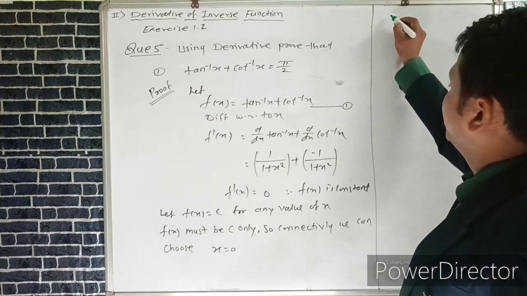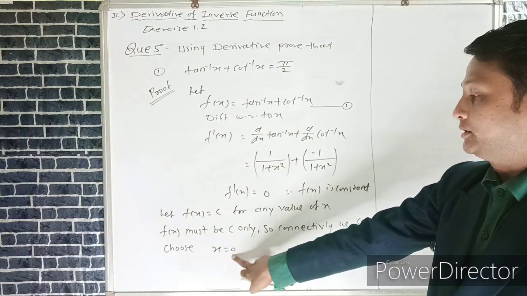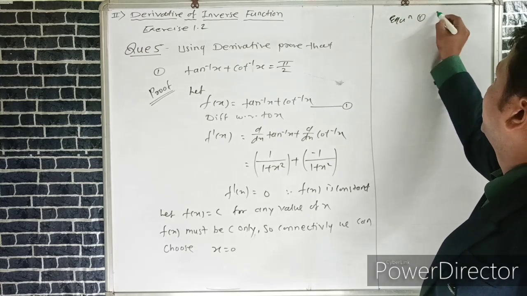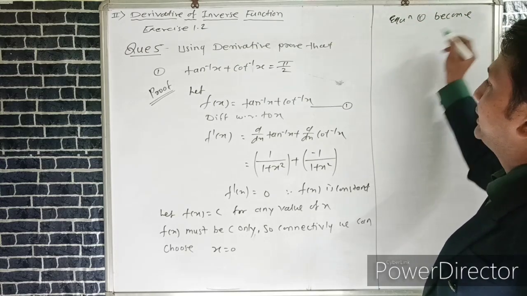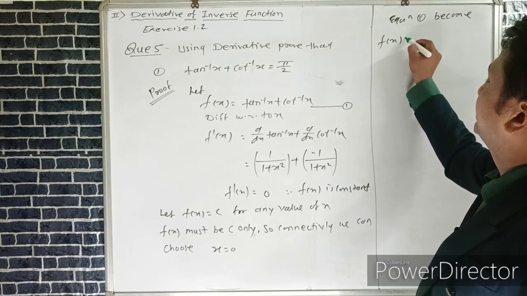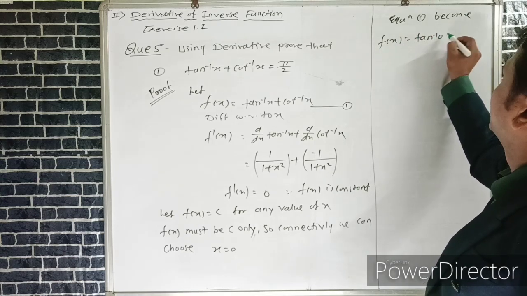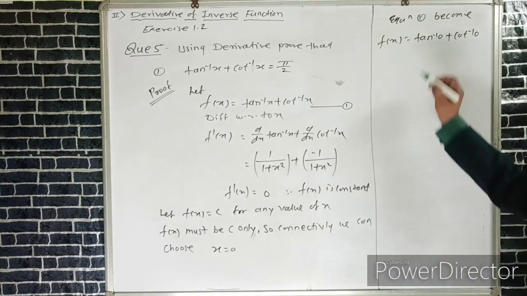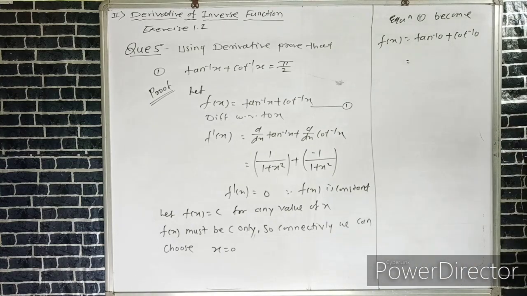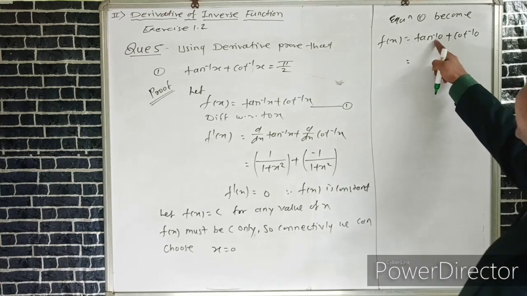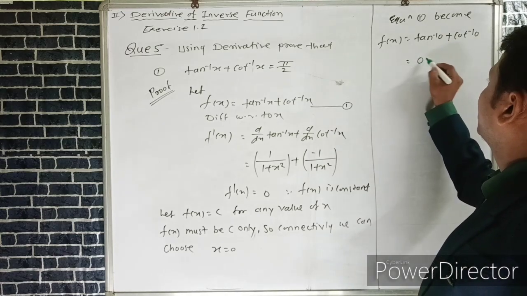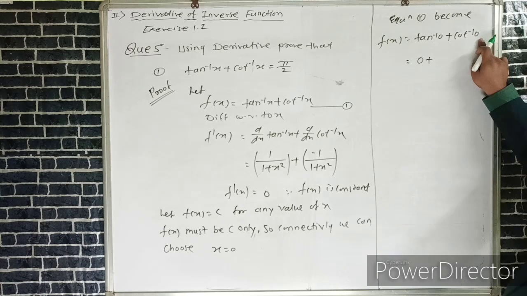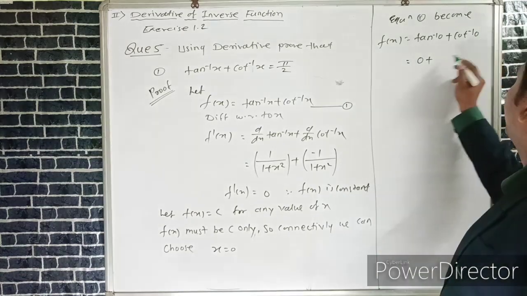Therefore, if we substitute x is equal to 0 in equation 1, we can write f of x is equal to tan inverse 0 plus cot inverse 0. We know that the value of tan 0 is 0, hence tan inverse 0 is 0, plus we know that the value of cot of pi by 2 is 0, hence the value of cot inverse 0 is pi by 2.